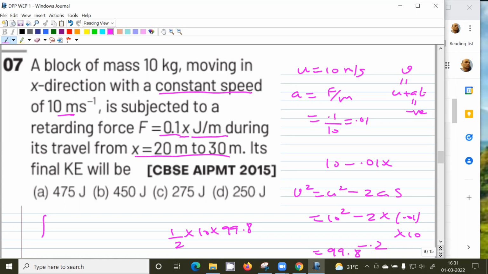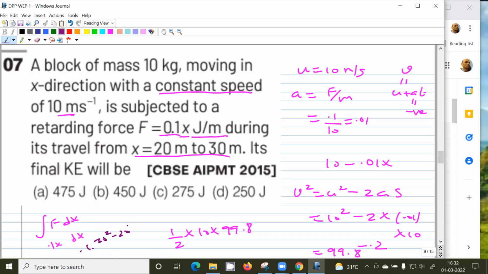So we will integrate f dx, where f is 0.1x into dx. So work done is 0.1 x square by 2.